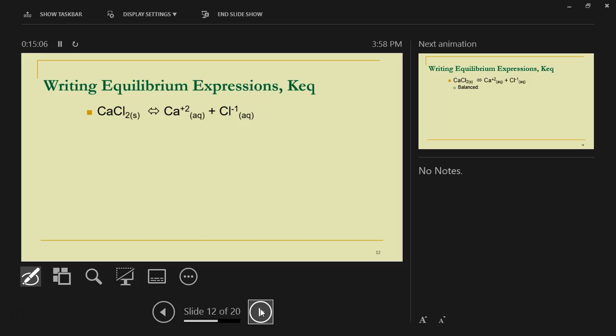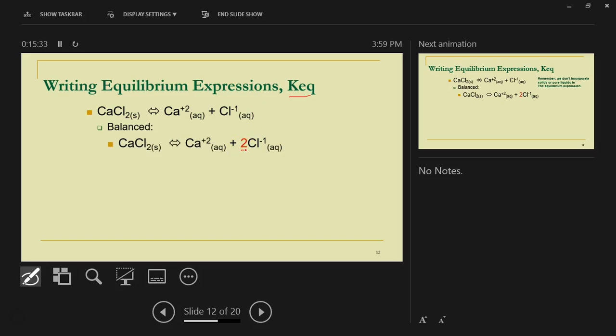All right, our next equation says to specifically write a KEQ. What's the first step? Balance the equation. So go ahead and balance this equation. Hopefully when you balance this equation, you put a number 2 in front of your Cl. That balanced your equation.